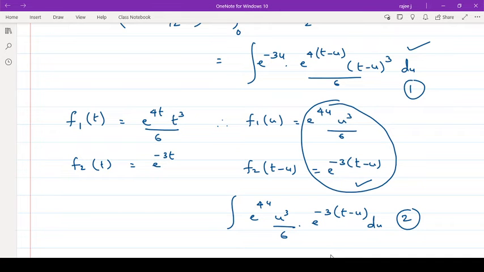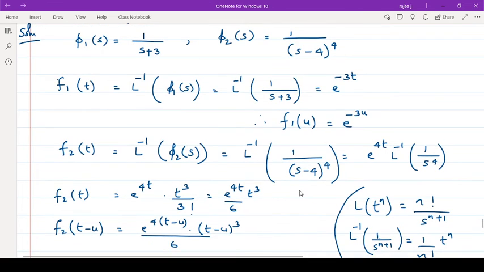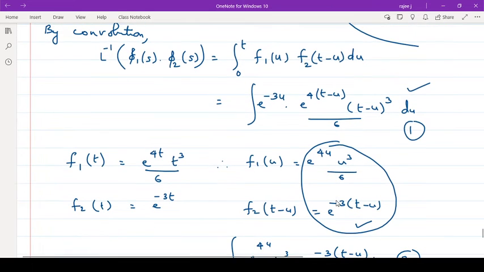If I take this as f1 of t, then everything changes. Then you will take this as phi 2 and this as phi 1. This selection of phi 1 and phi 2 is totally up to you. You can select it as you like, to simplify or elaborate your way of integration.